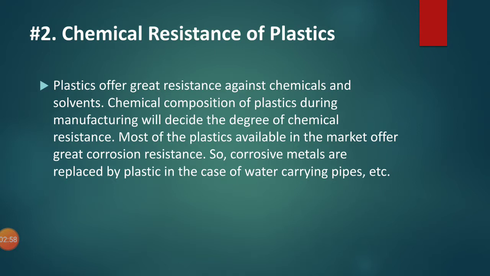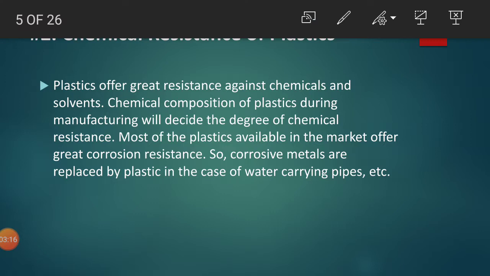Most of the plastics available in the market offer great corrosion resistance, so corrosive metals are replaced by plastic in the case of water carrying pipes, such as PVC, instead of the past where steel pipes were used.